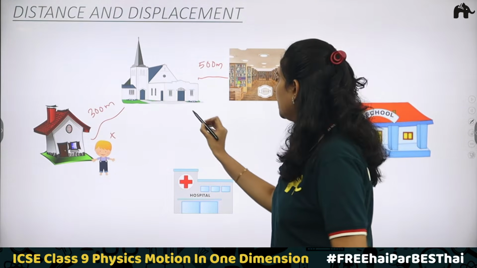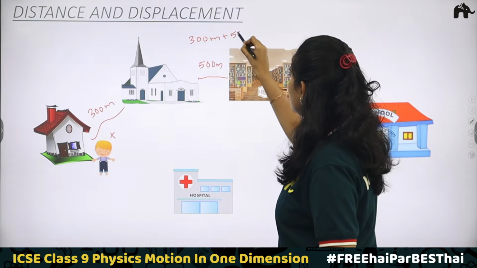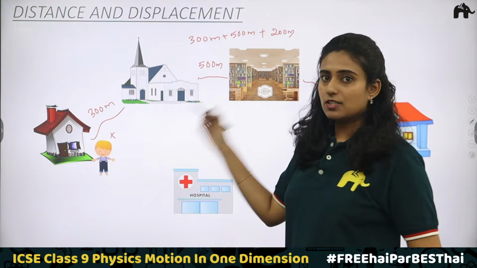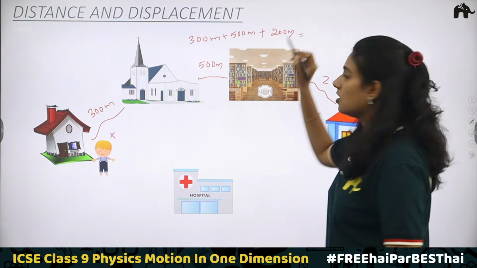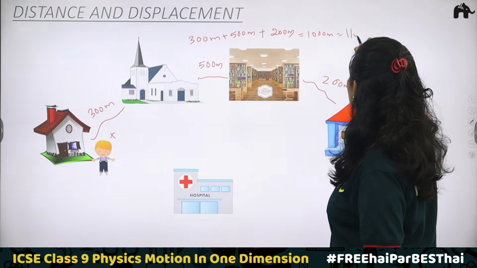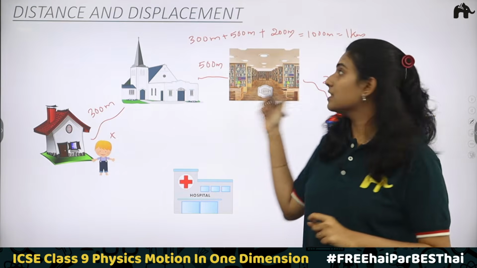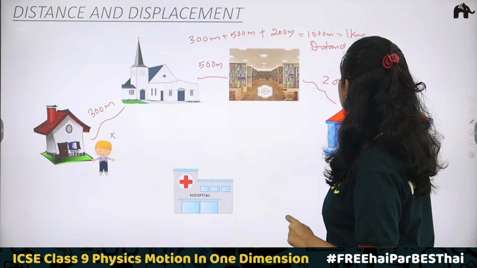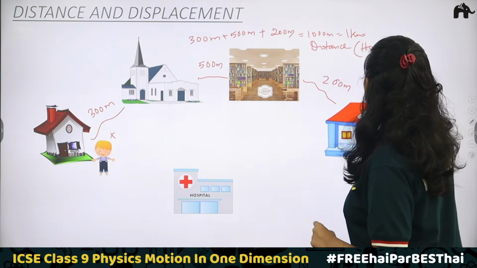When you add, you will be getting 300 meters plus 500 meters plus 200 meters. So, for X to reach from home to school, he travels a total of 1000 meters or 1 kilometer. This 1 kilometer, the length of path followed by him is called the distance. Okay, this is the total distance that he travelled to reach school from home.